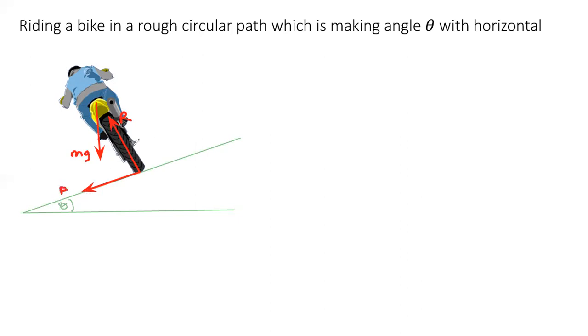Okay, so here now I'm going to draw two lines, vertical and horizontal lines. If we consider this mg, that is vertical, so I don't have to bother about that. It is vertical, but these others are making some angle. So I'm going to draw two lines so that I can resolve them.